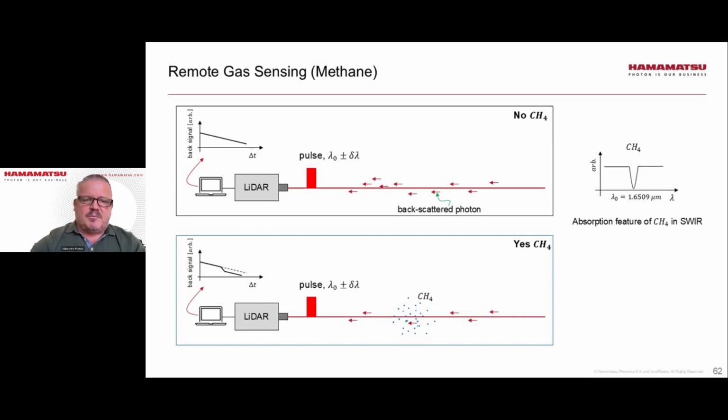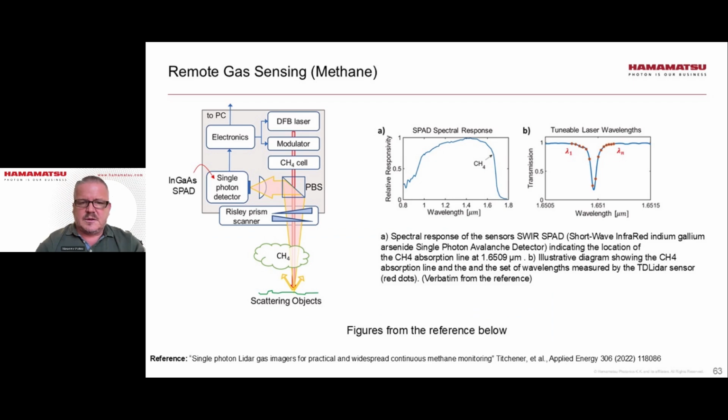And you would obtain some plot of signal as a function of distance or delay. However, if I now introduce methane, then that plot is going to be altered by the presence of methane, because the methane is going to absorb the photons, and so the return signal is going to change its characteristic.